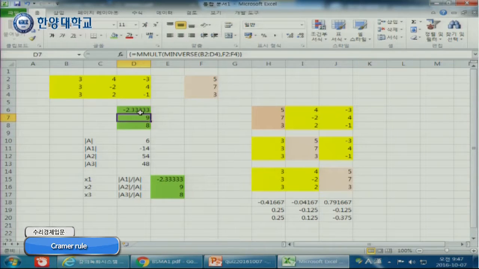Does it work? No, not working. Okay, M mod, M inverse. There should be no blank. Yeah, M inverse, and then F from A1. Yes, and then parentheses, and then comma. You need a comma, and then comma over here because you want to multiply inverse of this one. So comma.